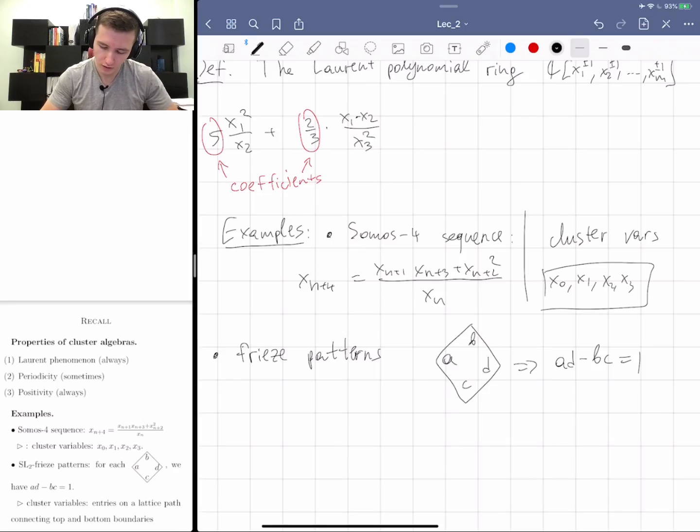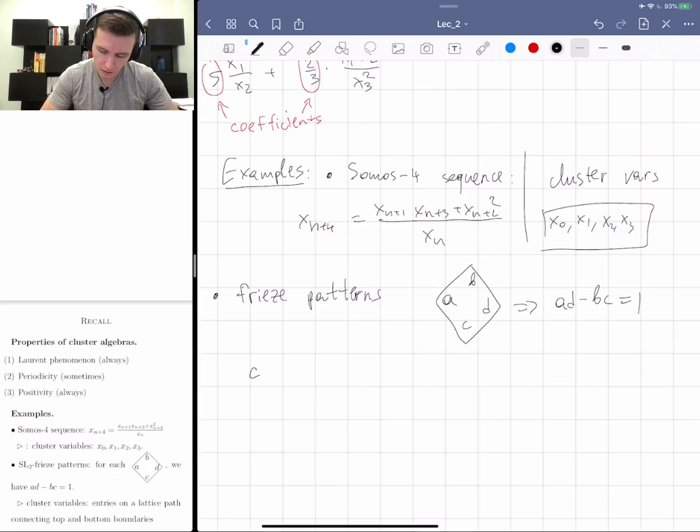And here the cluster variables were as follows: you have a row of ones, and another row of ones at the bottom, and then you choose some lattice path from top to bottom, and the entries on this lattice path are your cluster variables.